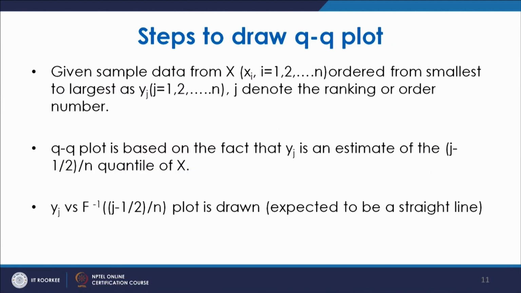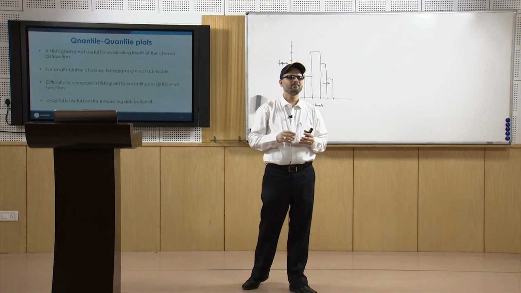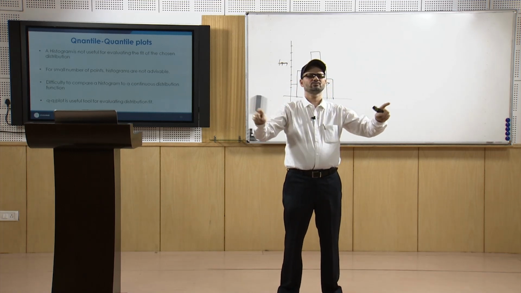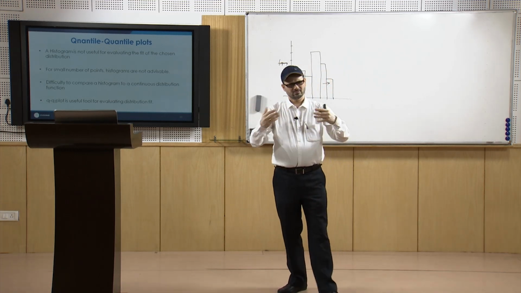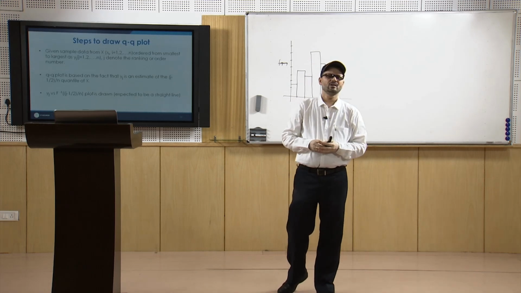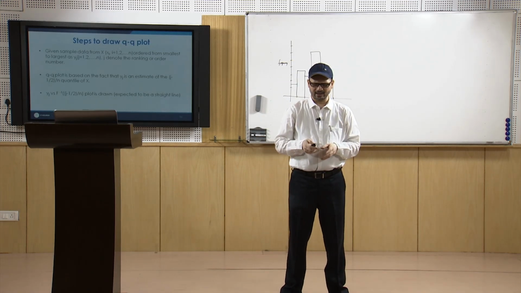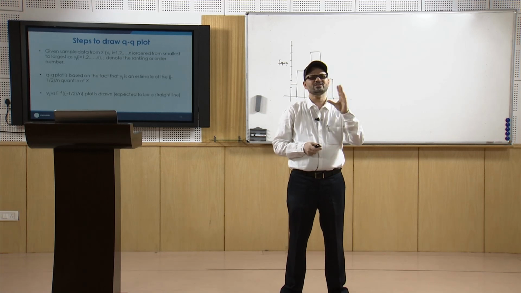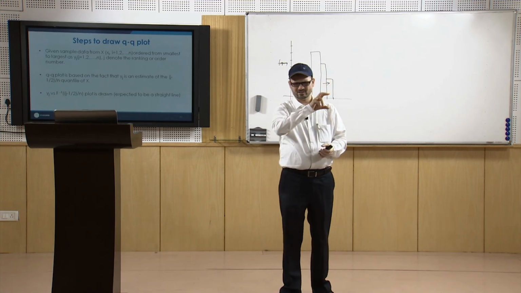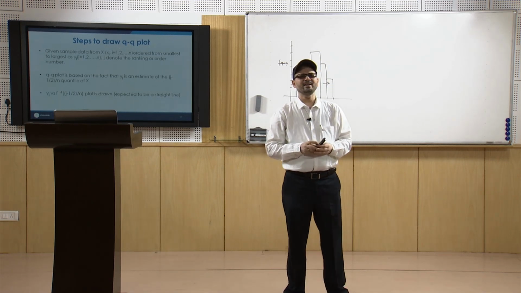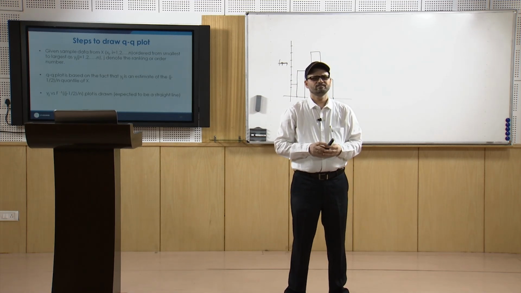So, how is it drawn? Suppose you have a sample of data, say 100 or 50 data points. All the data will first be ranked in order, and then you find the Yj.